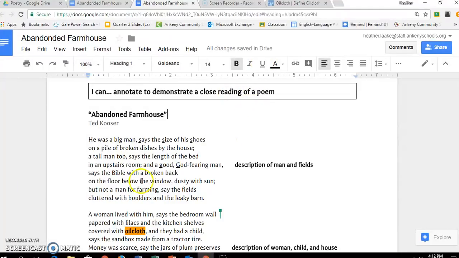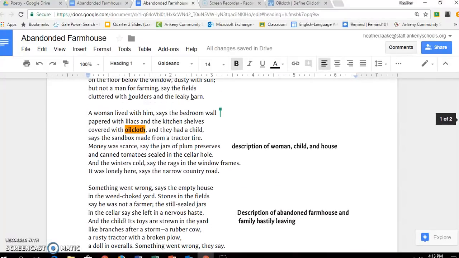And then in the next line, the Bible with a broken back. In the last line of this stanza, boulders and barn show alliteration.